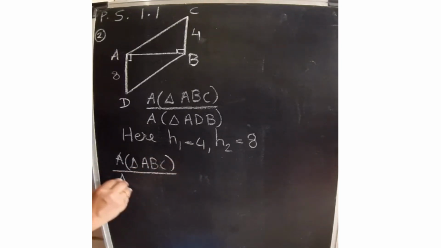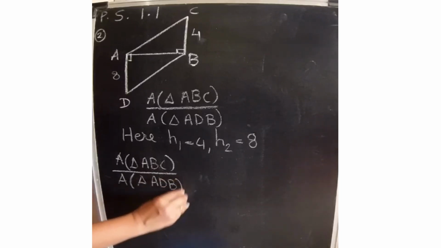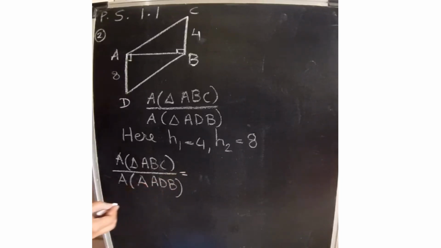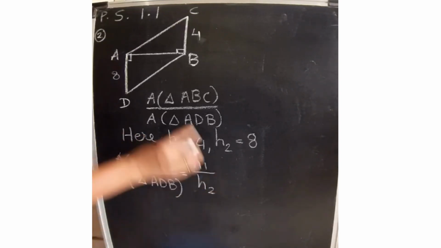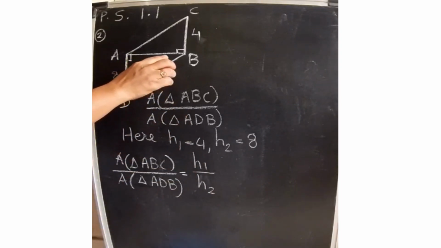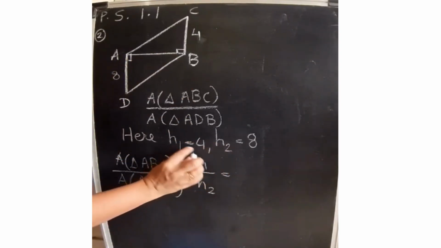So area of triangle ABC upon area of triangle ADB is equal to H1 upon H2, which is equal to 4 upon 8, because AB is the base which is common for both the triangles.